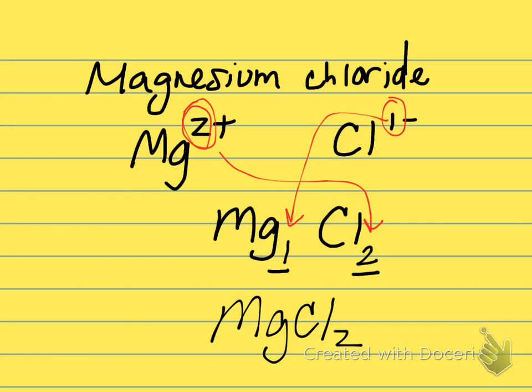Let's do another one, writing formulas. Actually, let's do one the other way. So I give you a formula, and you have to name the compound. So let's do BaO.